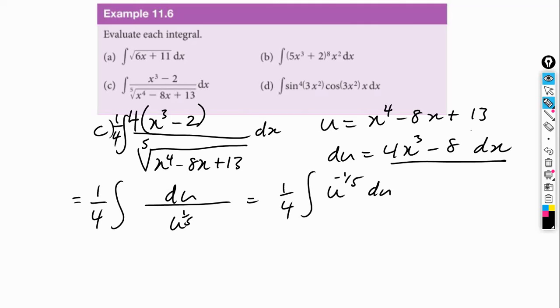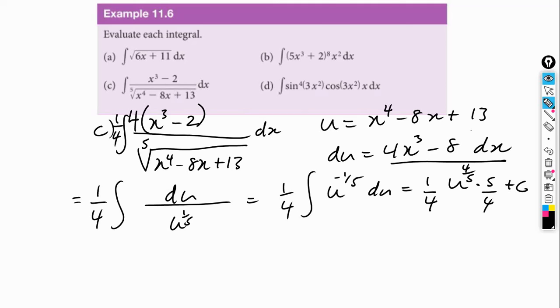And this is very straightforward for integration because this is simply going to be adding 1 to the exponent again, right? And this is going to equal 1/4 times u to the power of 4/5 divided by 4/5, or which is the same, multiplied by 5/4. And this plus c.